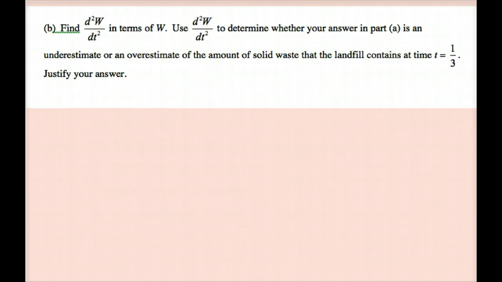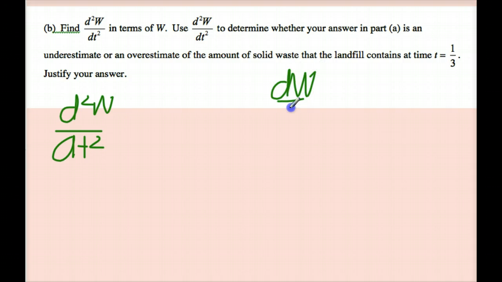The last part says, find d squared w dt squared in terms of w and determine if it is an overestimate or underestimate. So for d squared w dt squared, I'm going to take my dw dt and distribute this just so it's easier for me to take that derivative.